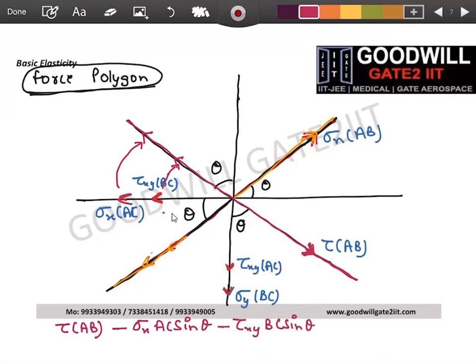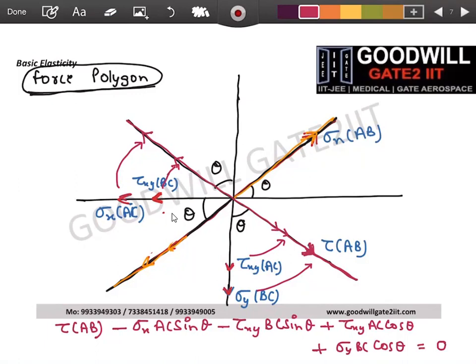Fine. Now, if you see these two stresses, they will be resolved in these directions as cos components, but they will be resolved like this, right? So it is going along with our sign convention. So plus tau xy AC cos theta plus sigma y BC cos theta, and they should be balanced out.